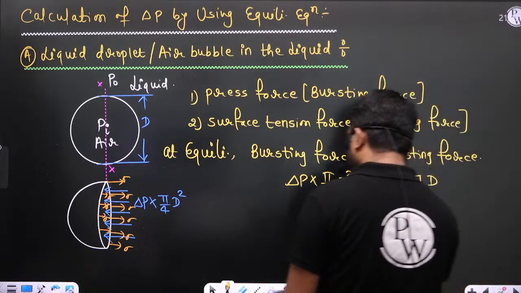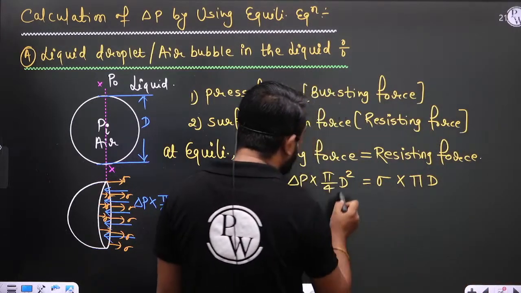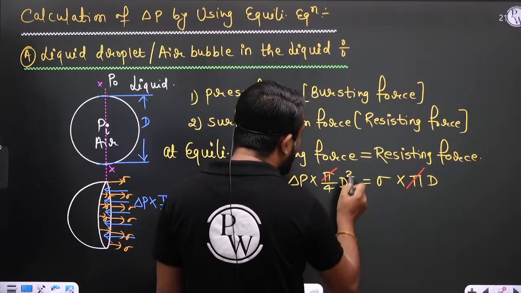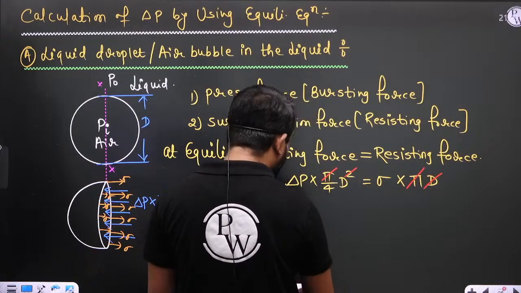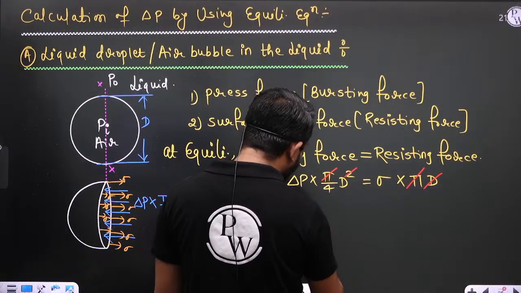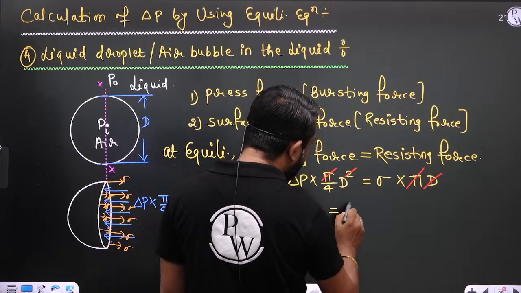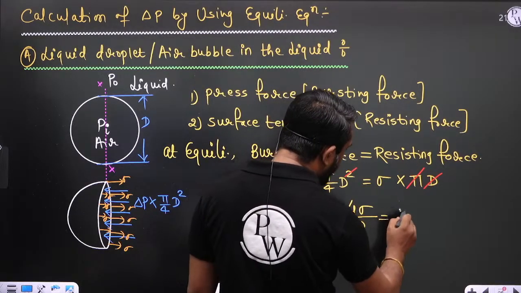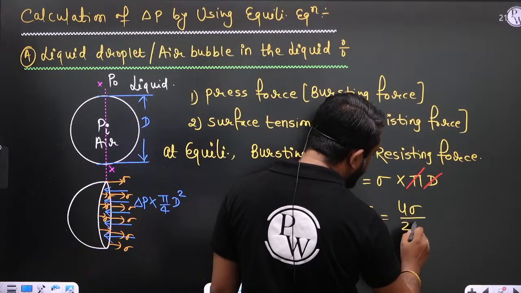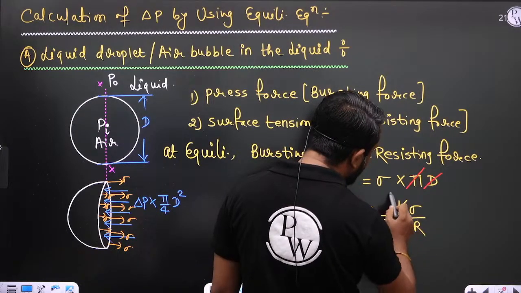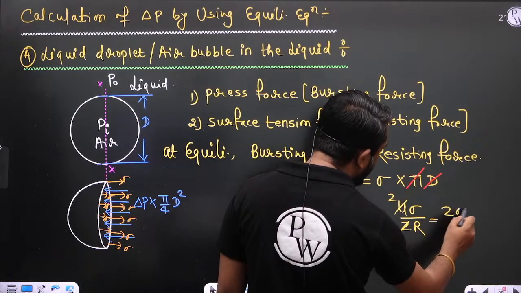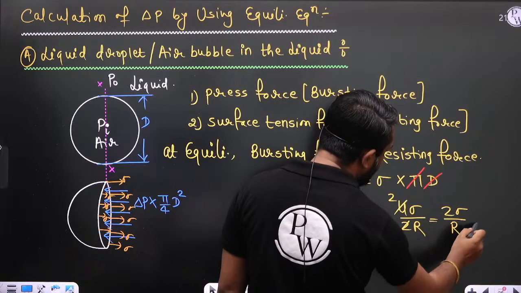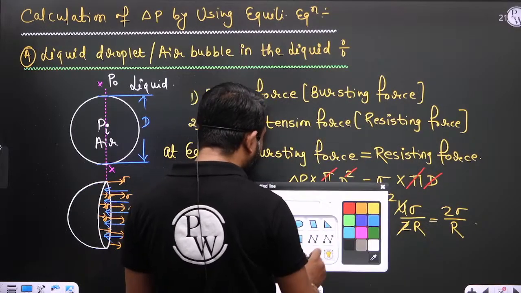So what are you getting? Pi cancels out, d cancels out. Ultimately, delta p is equal to 4 sigma divided by d, or we can write 4 sigma divided by 2 r. So this is 2 sigma by r. This is the delta p.